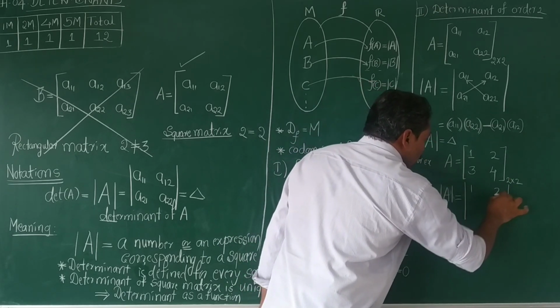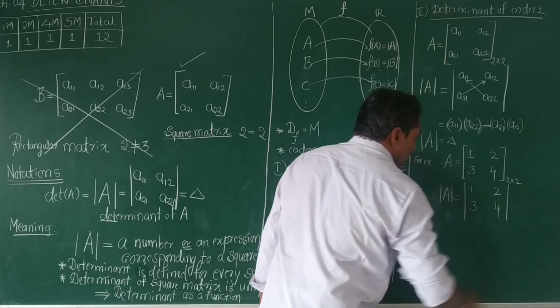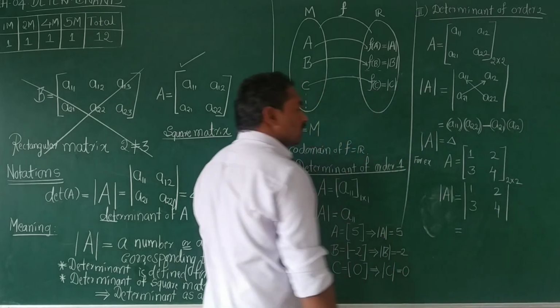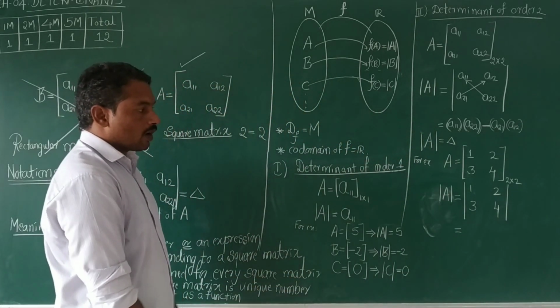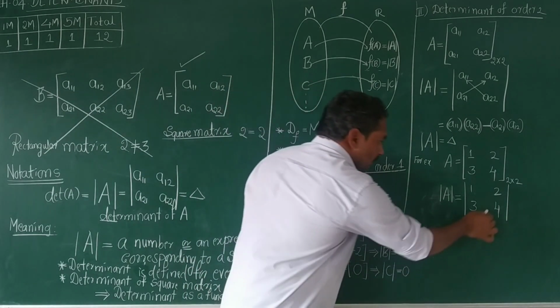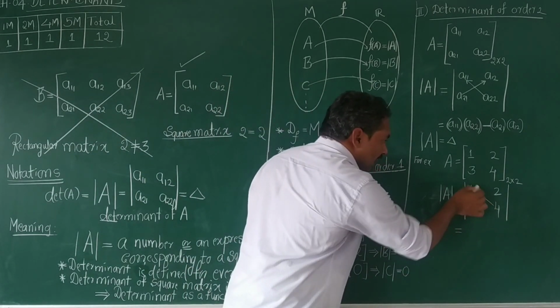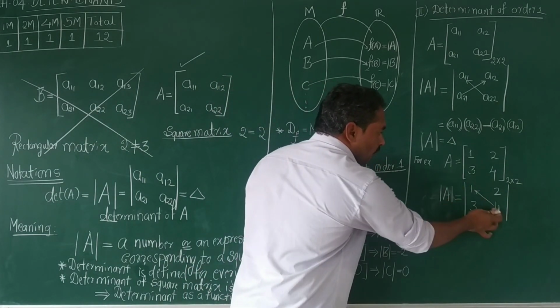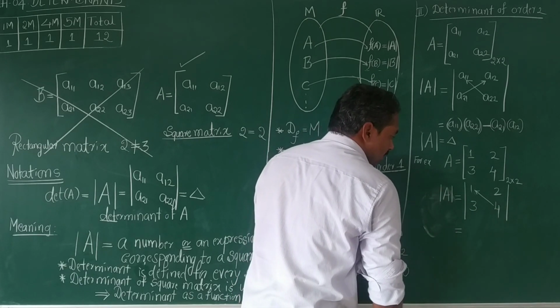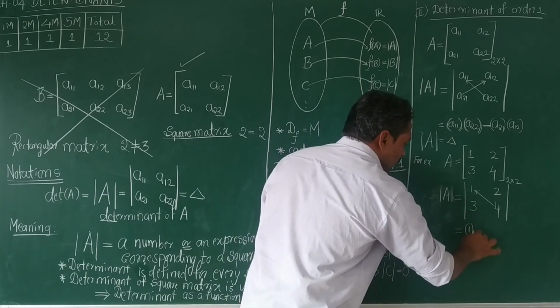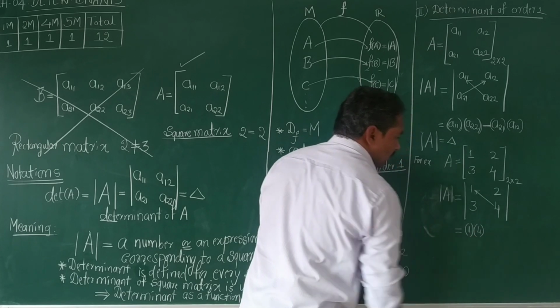By the definition of the determinant of a square matrix of order 2, we must take the product of principal diagonal elements first. Here 1 and 4 are principal diagonal elements. So consider the product of those two elements first.